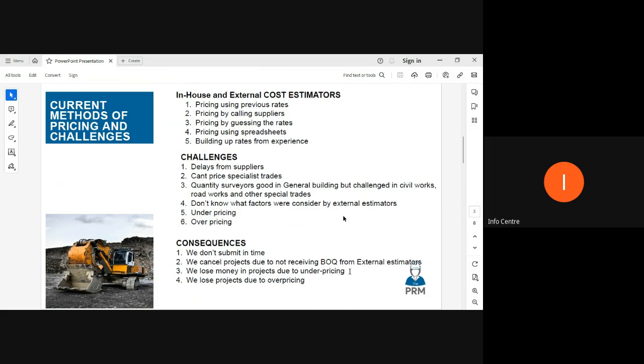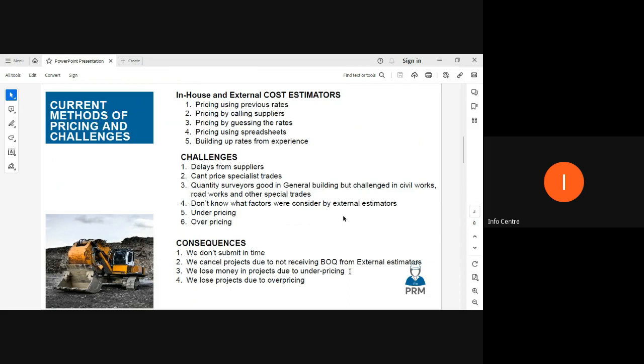It kills the team morale and it certainly puts a very, very bad stain in your business and how you attend future tenders. Number four, you lose projects because you've overpriced, so which means that you're not even considered for the race. So these are the current methods and these are the current challenges that we face in the construction industry, both as cost estimators as well as construction companies at large.